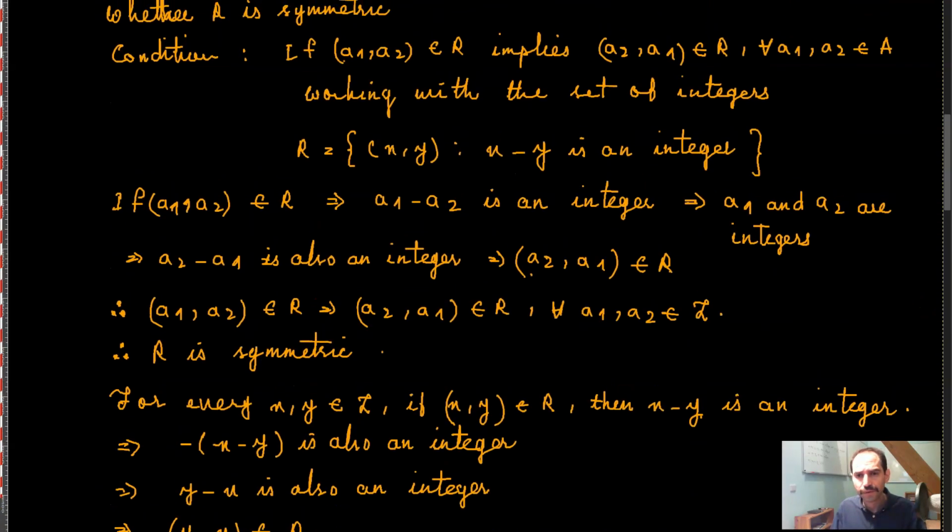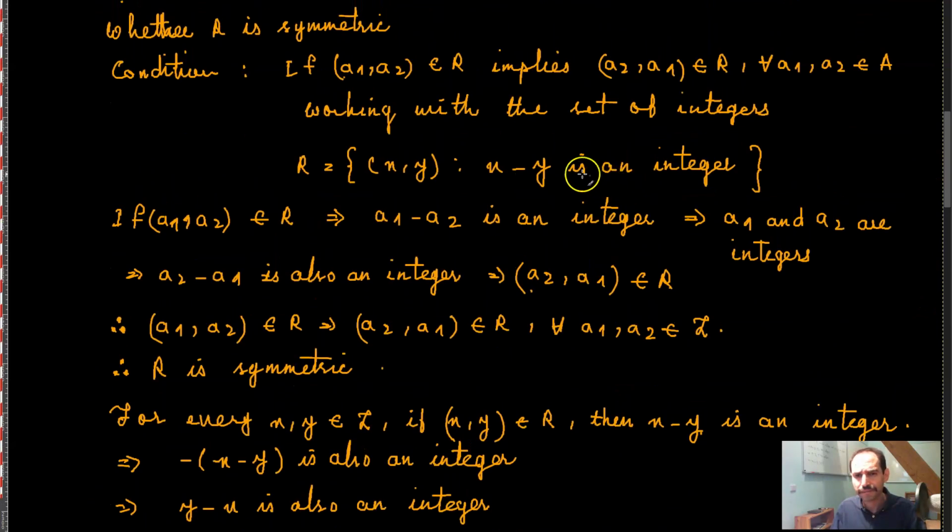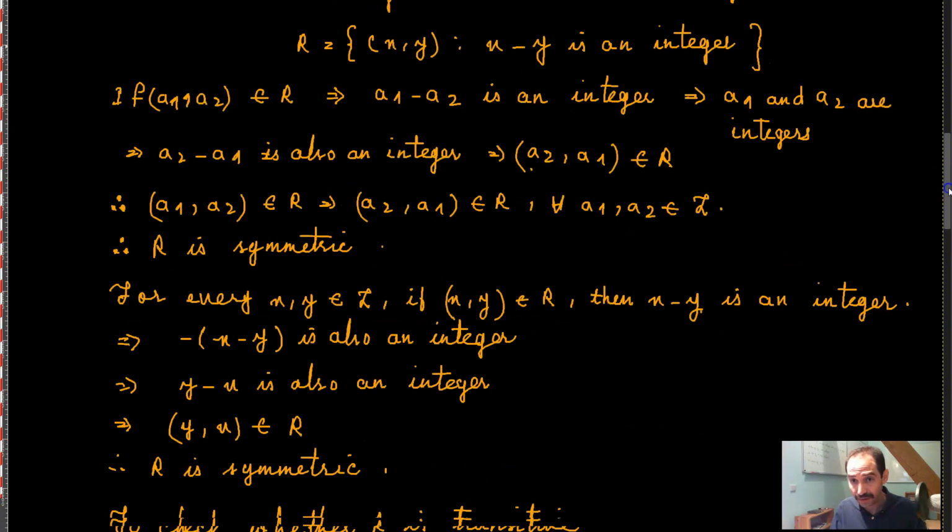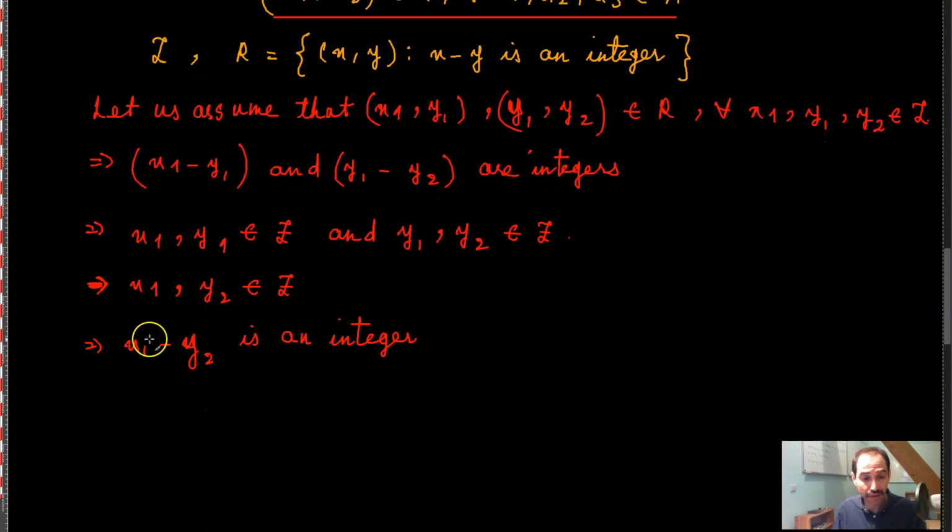So over here what we are saying is that R is equal to all the ordered pairs x comma y, meaning that x comma y belongs to R if x minus y is an integer. So if x minus y is an integer, that means that it belongs to the set R. That means that x1 comma y2 belongs to the set R, right?